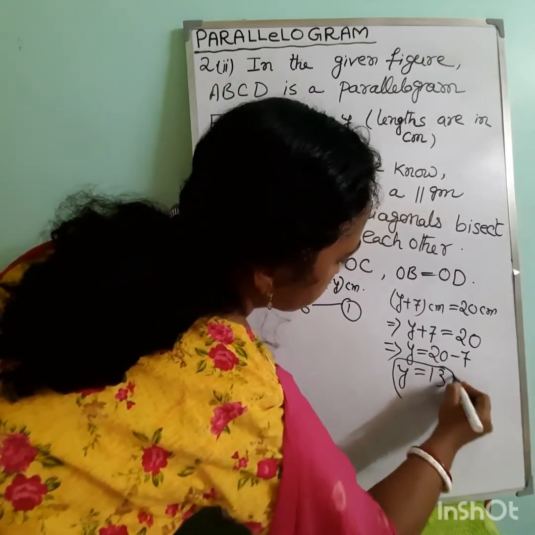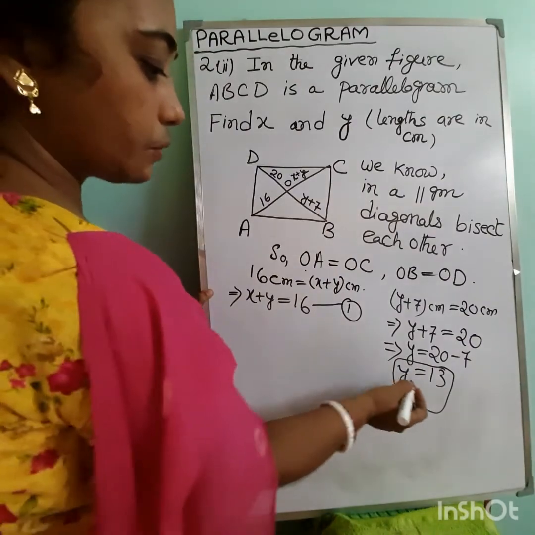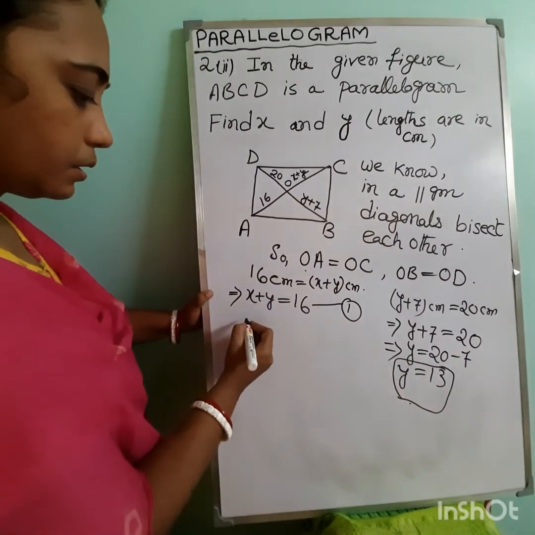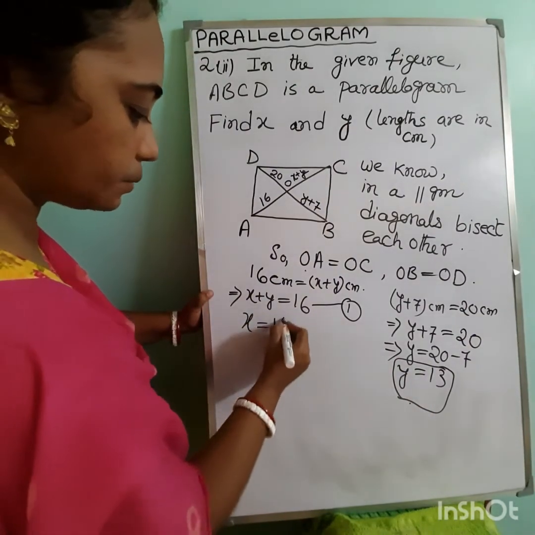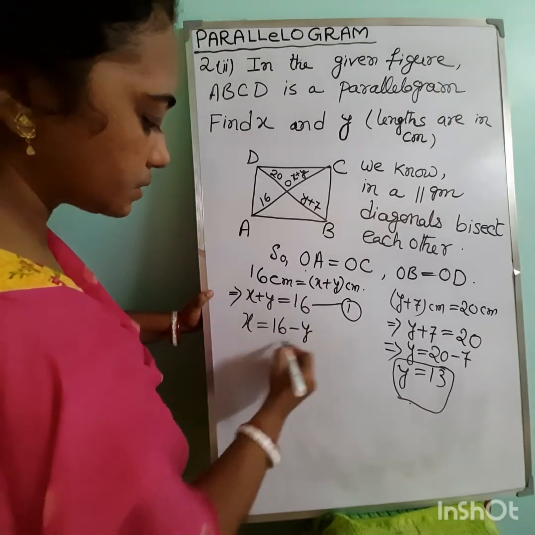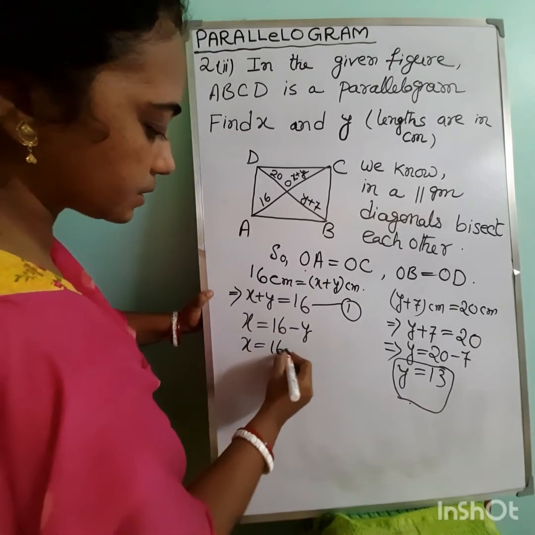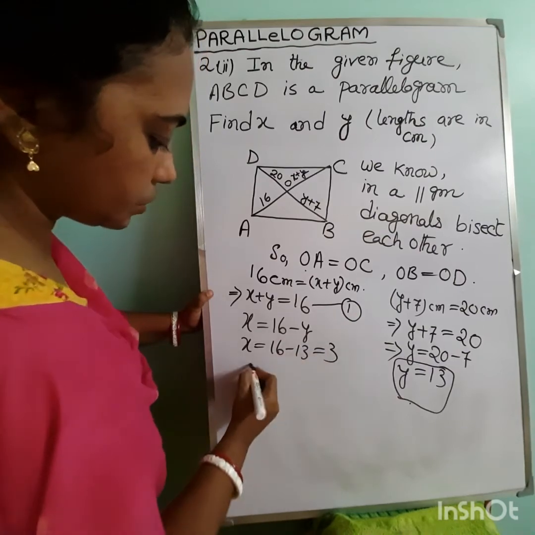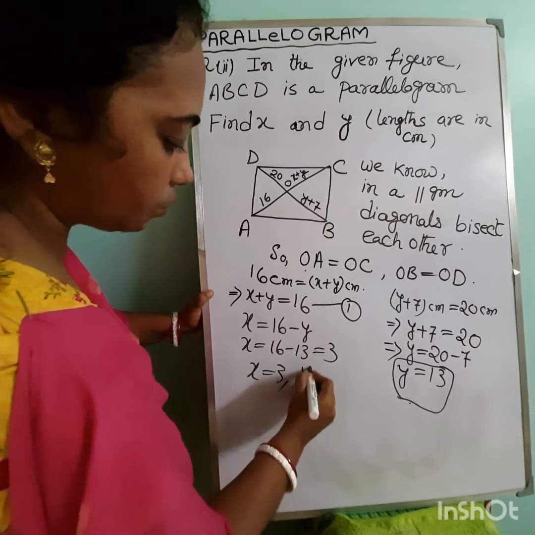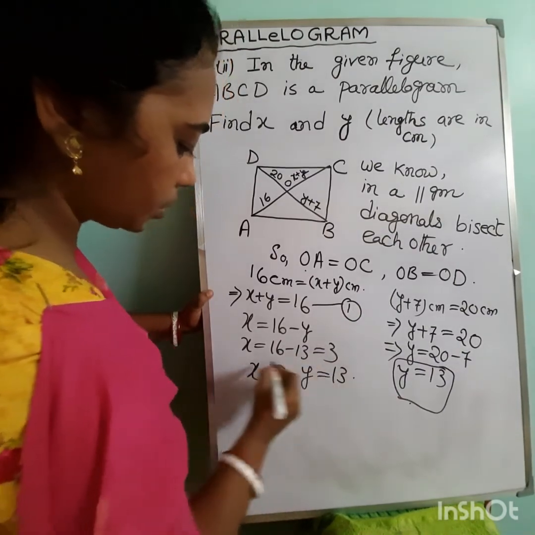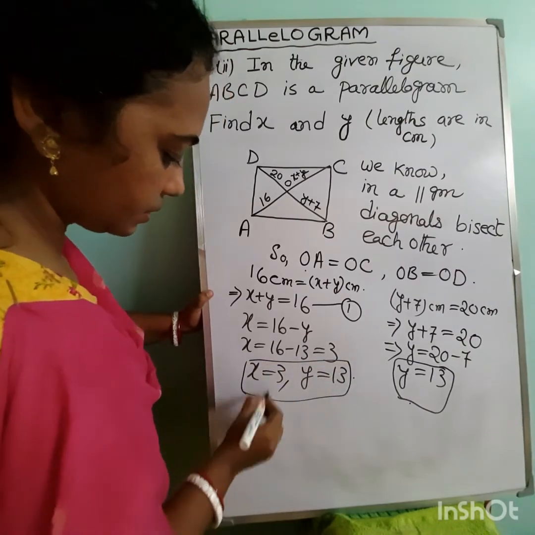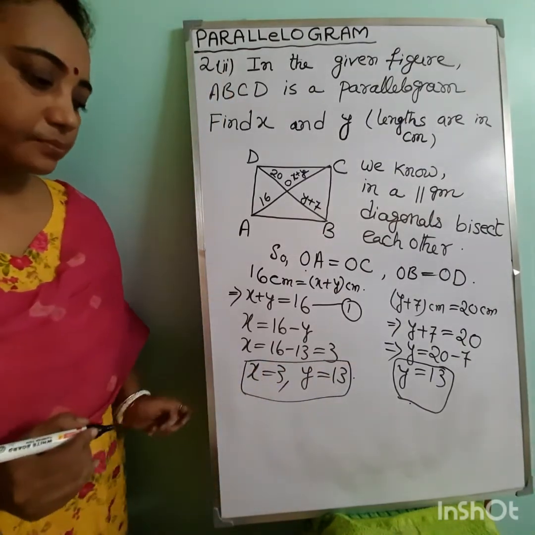So the value of y is 13. Now if we put the value of y in equation 1, we get x is equal to 16 minus y. That means x is equal to 16 minus 13, which is 3. So therefore x is equal to 3 and y is equal to 13 is the required value of the given variables.